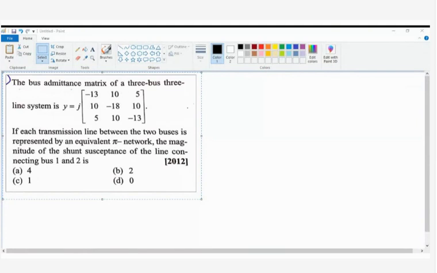This is a GATE question from 2012. Is it clear, or let me know if you want me to make it big?